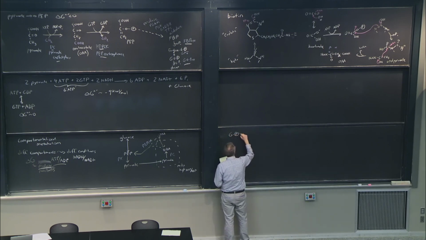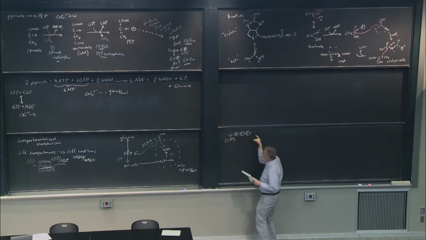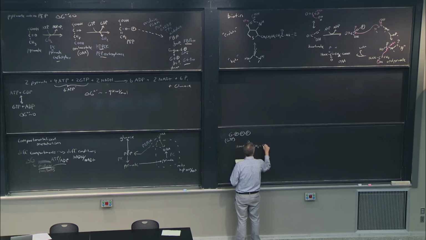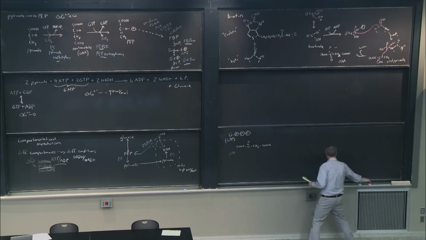So I'm going to draw GTP in this very stylized way. So guanine with 3 phosphate groups. There's oxaloacetate.